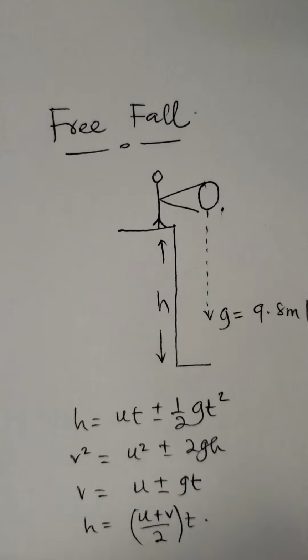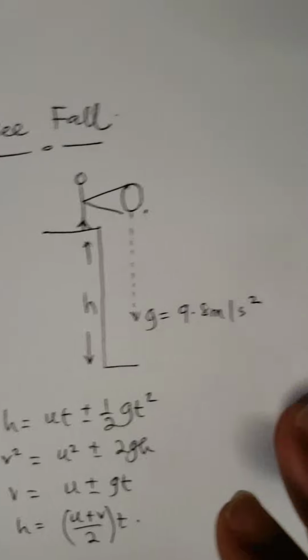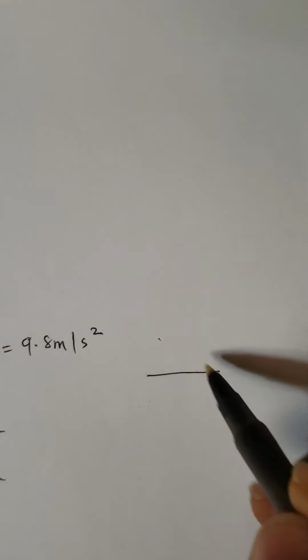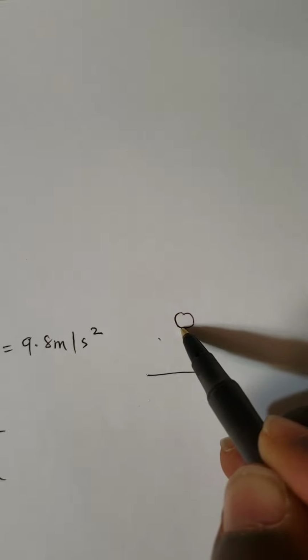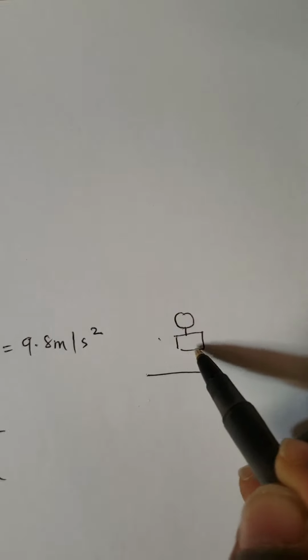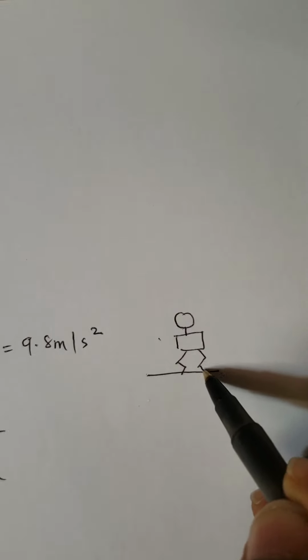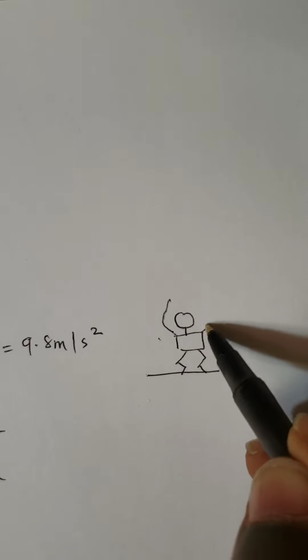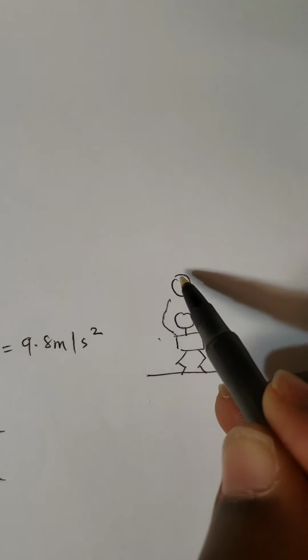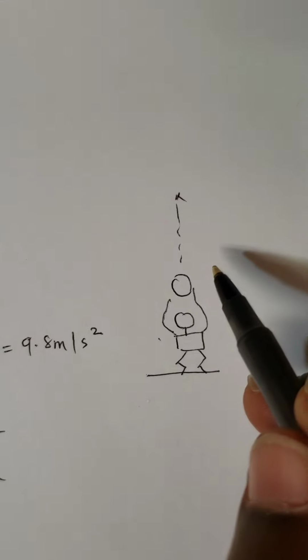That is concept one. Then the second concept is that if an object is thrown upward, take for example, if I have a boy standing right here and this boy throws an object, or let's say a ball, upward, it travels up.